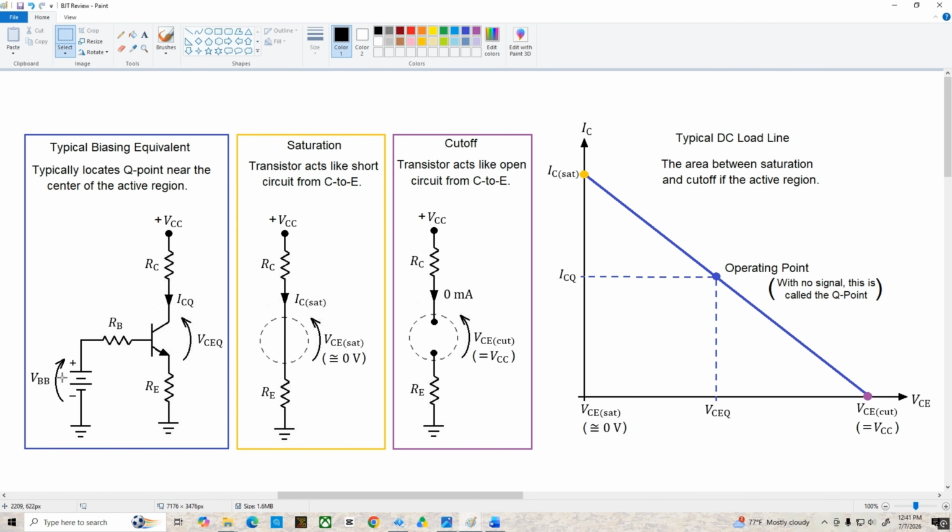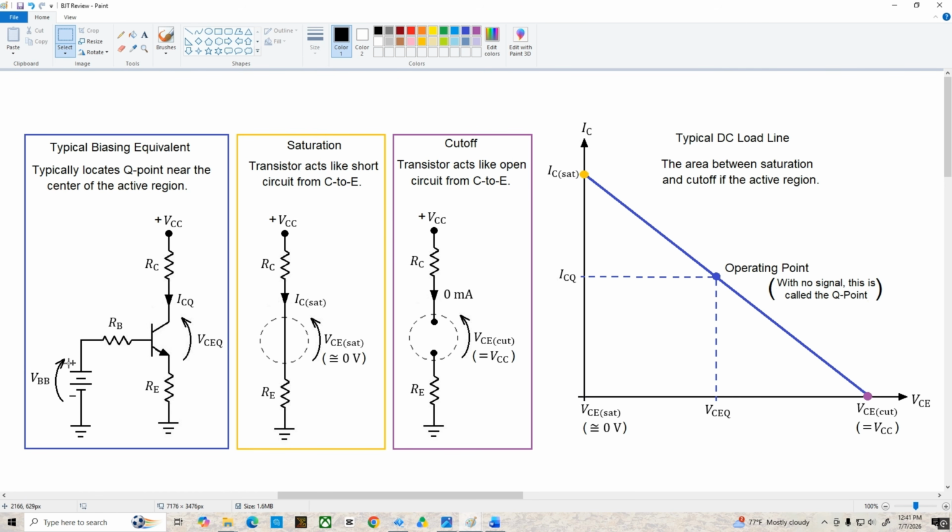Now, if we apply a large enough voltage here to the base emitter junction, we can saturate the transistor. That is, we can turn it on as hard as it can be turned on, and we get the maximum possible collector current. We call that IC sat, and under those conditions, VCE sat is approximately 0 volts, and that's represented by this yellow point here on the DC load line.